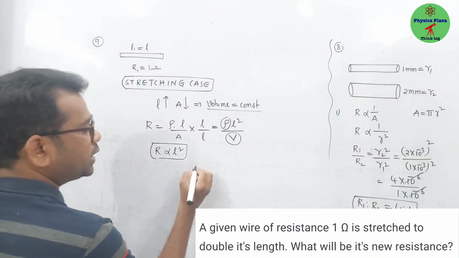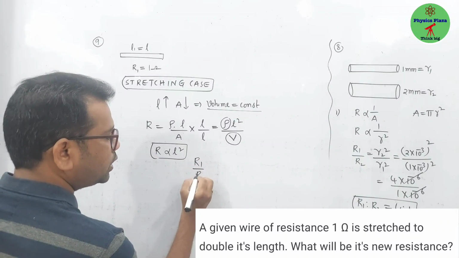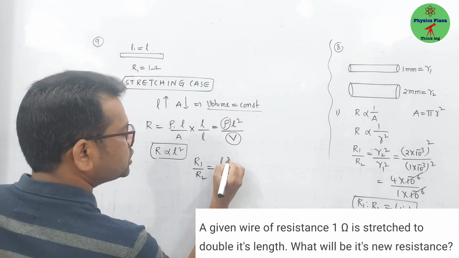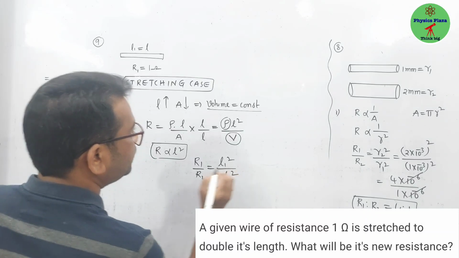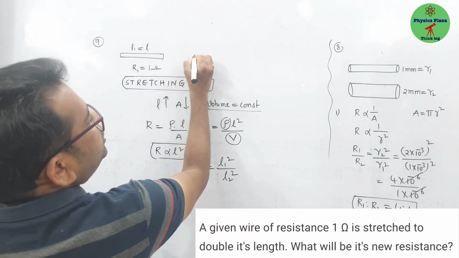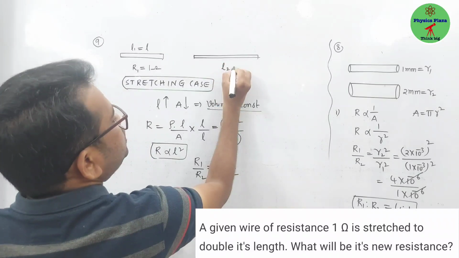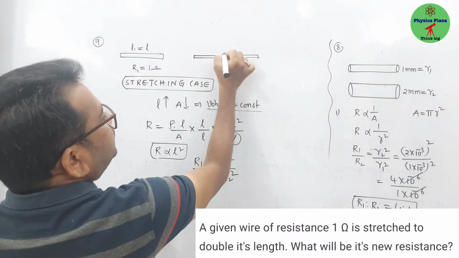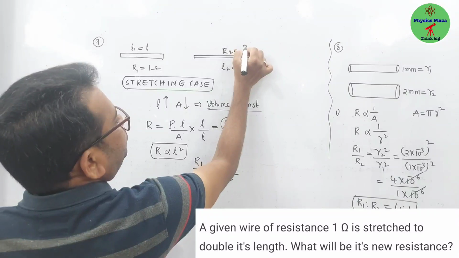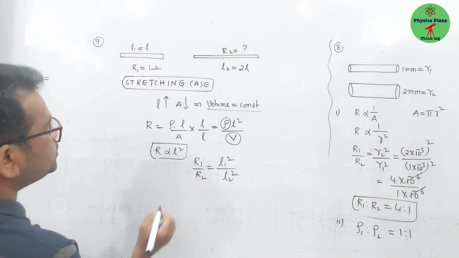Now this can be written as R1 by R2 is equal to L1 square by L2 square. Now they said that they are stretching to double its length. Means what? New length is becoming 2L. Then what is the resistance of this wire? Now substitute here.